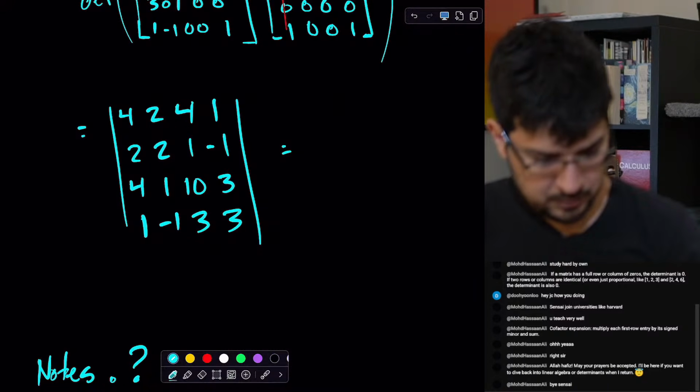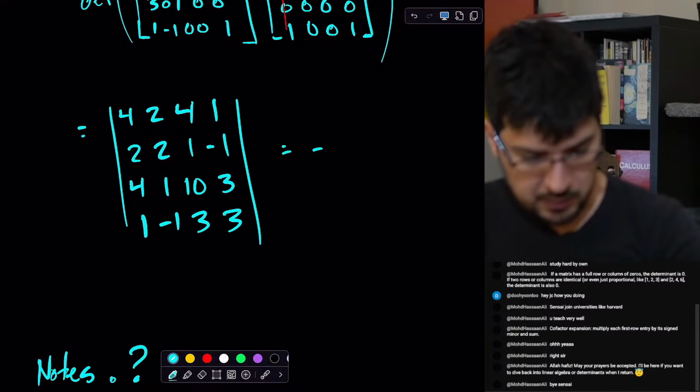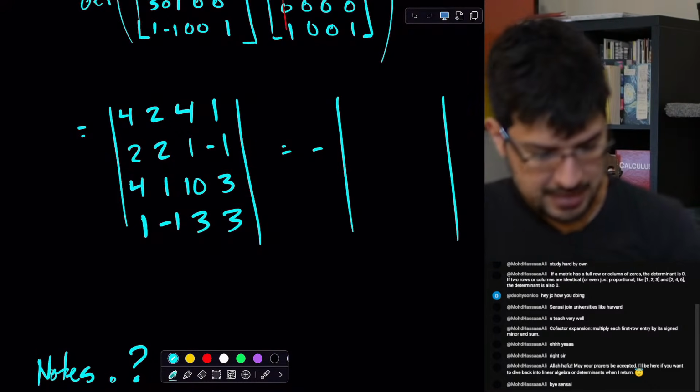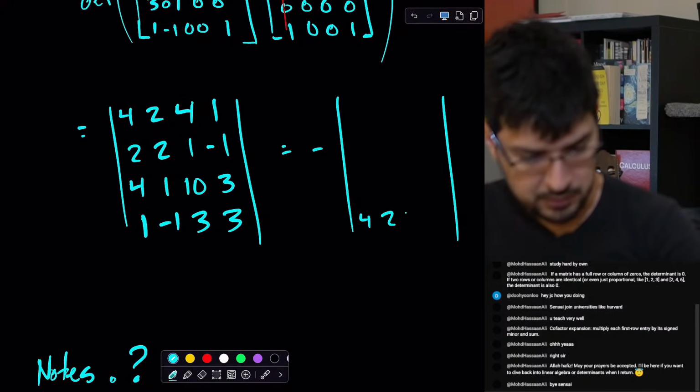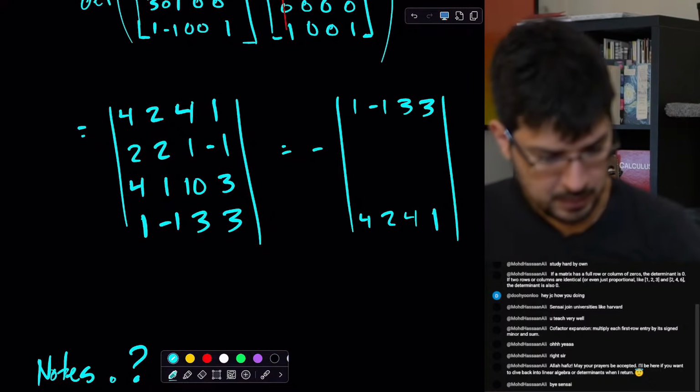Now, again, we do our row reductions. I'm going to interchange the last row and the first row. 4, 2, 4, 1. 1, negative 1, 3, 3.